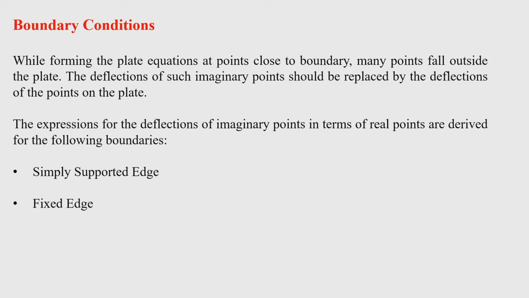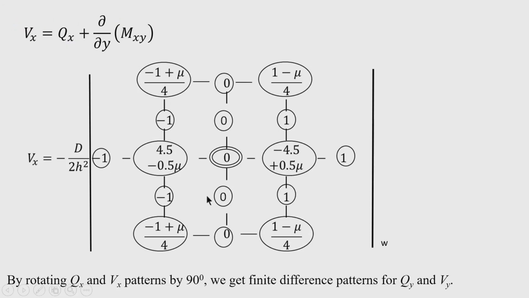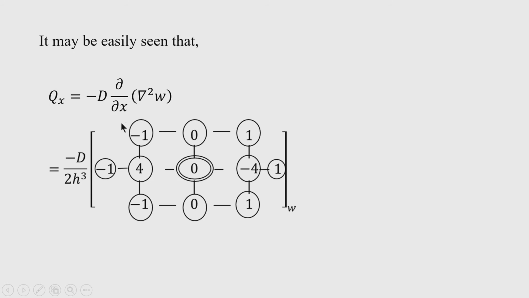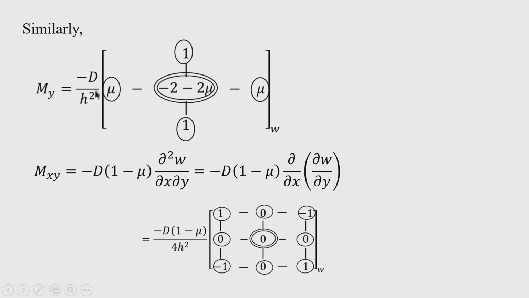Now, the boundary conditions that we encounter in the plate buckling problem may be a simply supported edge, a fixed edge or a free edge. I have not mentioned the free edge condition here because it is slightly lengthy, but one can apply it using Vx, Qx and mx or my at the free edge to be 0.